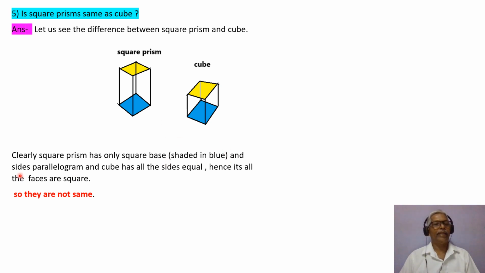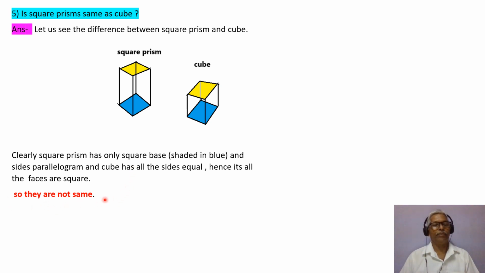Okay, and sides parallelogram. Okay, these are the parallelograms. Okay, and cube has all sides equal. Okay, hence all its faces are square. Okay, now you can think the difference between these two and answer this.